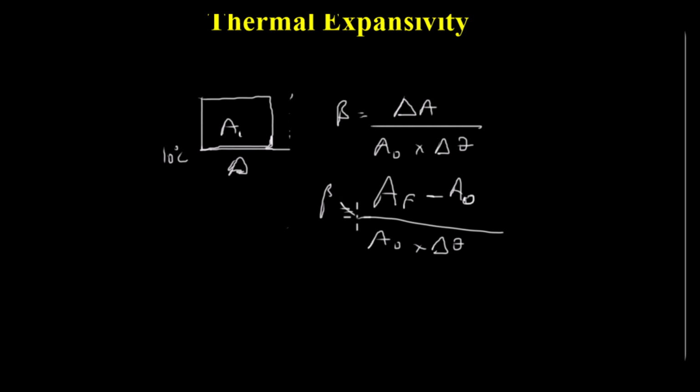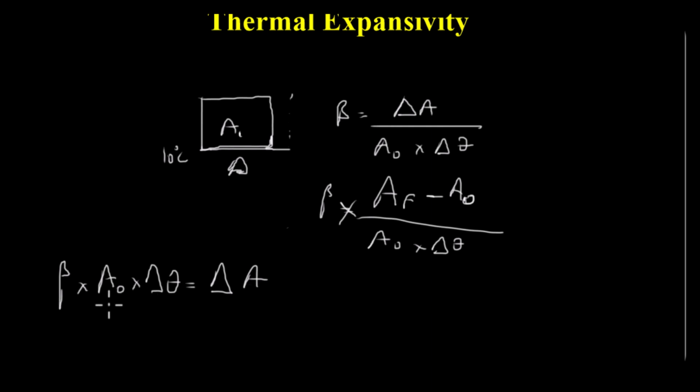You can start by cross multiplying. Cross multiplying this, we'll have beta, the superficial expansivity, multiplied by A naught, the original area, multiplied by the temperature change, must be equal to the change in area.